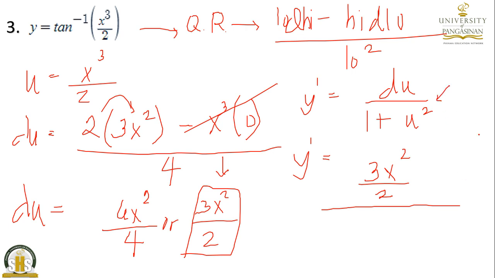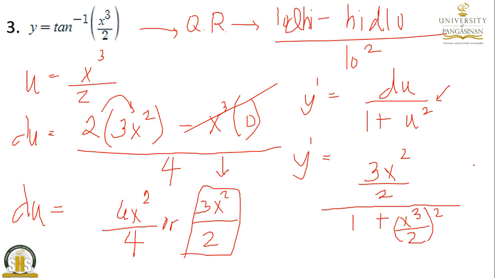Next, lagyan natin yung 1 plus, tapos yung u squared, lagyan natin ulit yung u na nakuha natin, x cube all over 2, tapos meron tayong square. Yan. So, ang ginawa ko lang dyan is pure na substitution. So, substitute nyo lang.